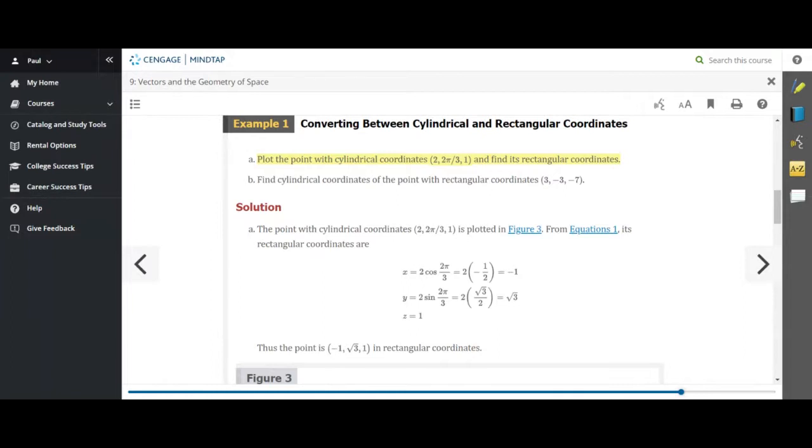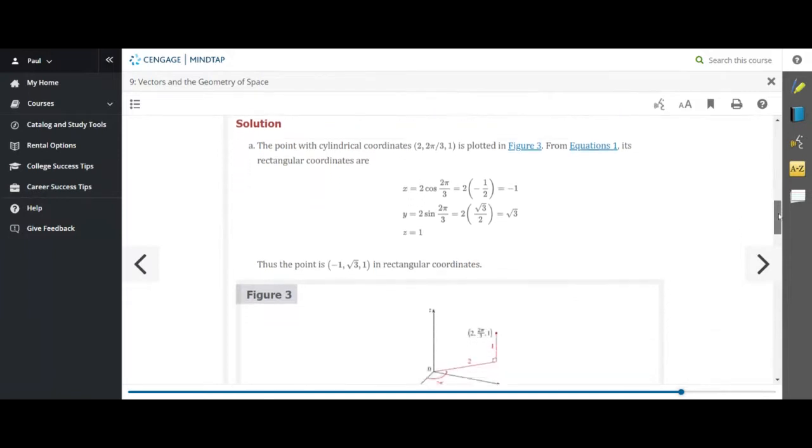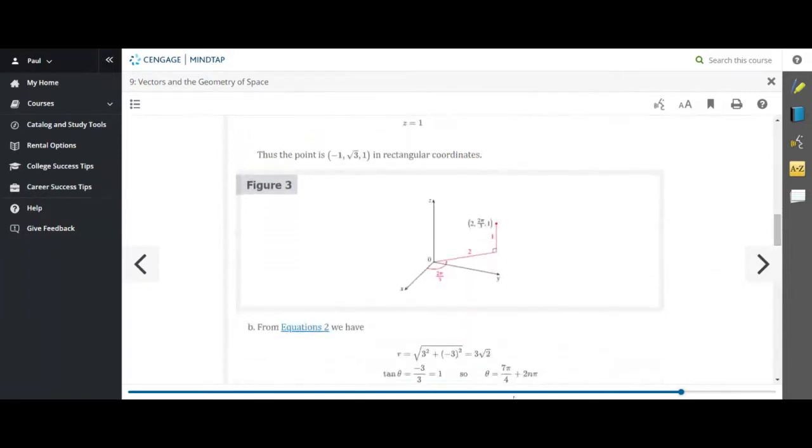To plot the point, not hard to do. Here in figure 3, they've plotted the point, and you can see 2 pi over 3 is how many degrees? Based on figure 3, it's more than 90 degrees.